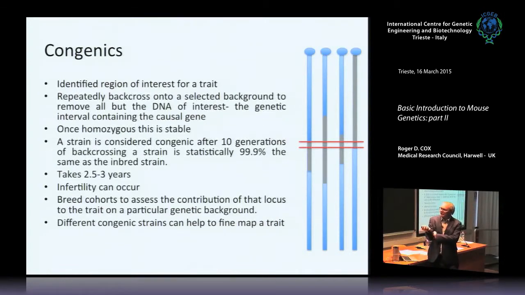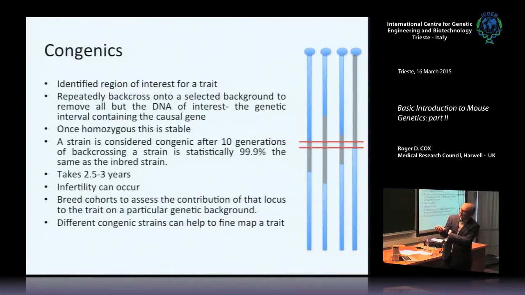So you can get a line that retains a particular piece of DNA that you can phenotype and further investigate. And if you have a selection of these, you can work out where your gene might be. So you can see that there's a recombination event.